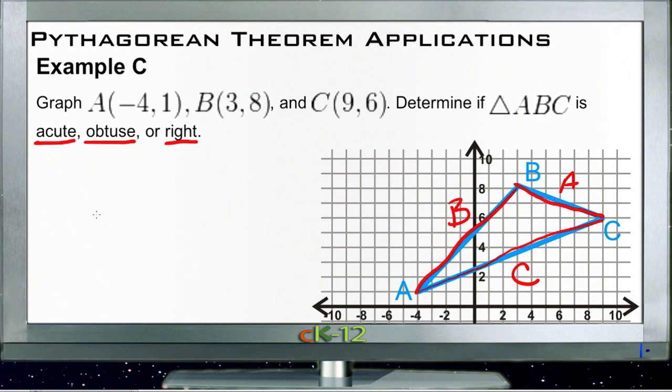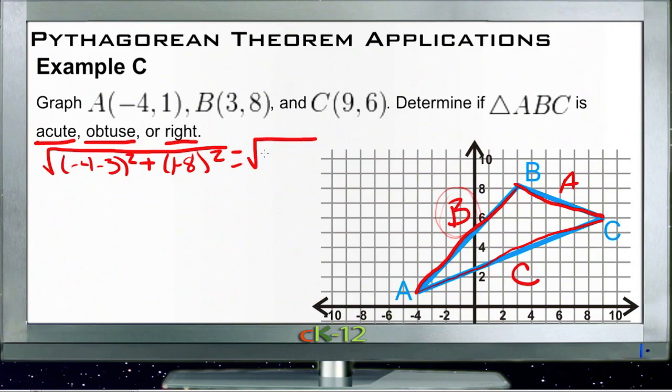So if we run the length for AB, which we're calling side B in our triangle right here, then with our distance formula we have the square root of (negative 4 minus 3) squared plus (1 minus 8) squared, which equals the square root of 49 plus 49, or the square root of 98.